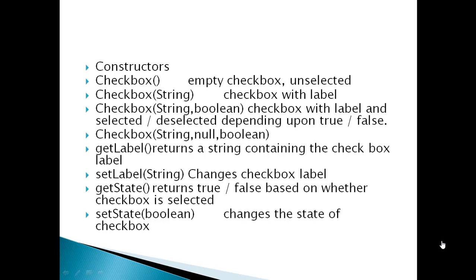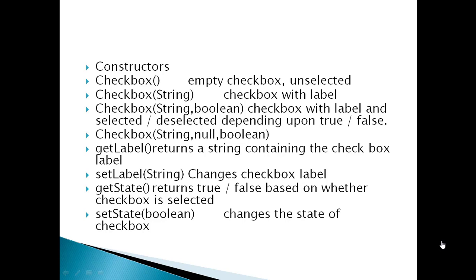Suppose we provide true, then that checkbox is selected by default, or already selected, and the default is false, not selected, unchecked. Next constructor is Checkbox(String, null, boolean). This is the fourth constructor.